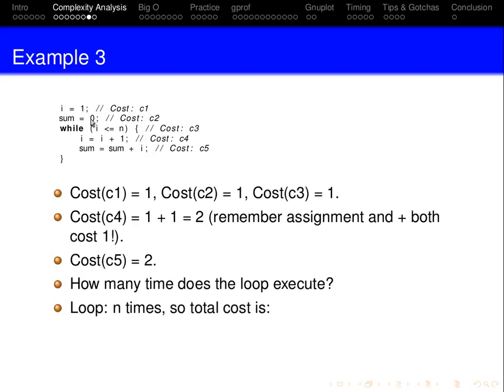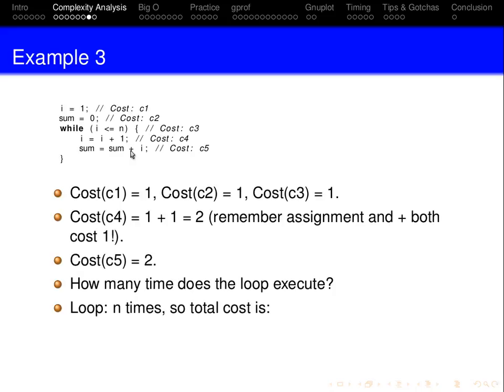Let's start back. I think we all got that C1, C2 cost 2, so there's that plus 2 right there. For each iteration of this loop, what's the cost? 5, because you have to execute C3, which is 1, C4 is 2, and C5 is another 2, for a total of 5.